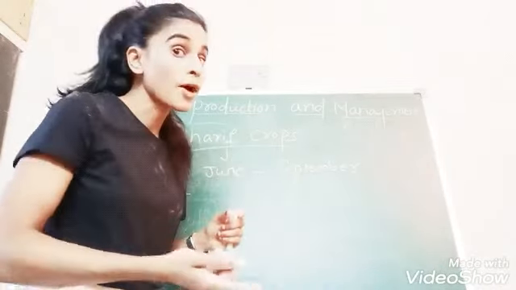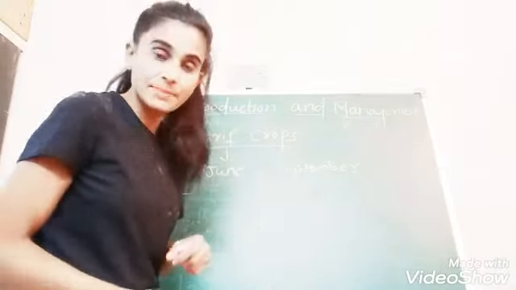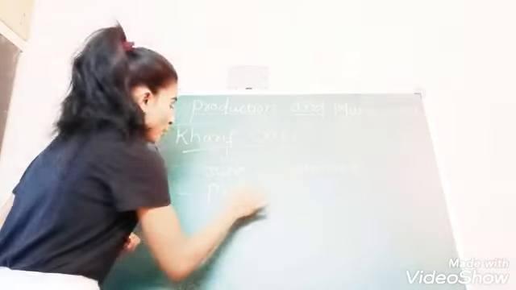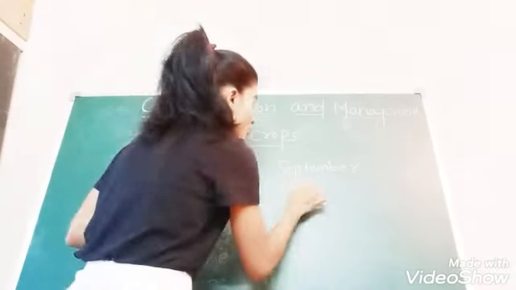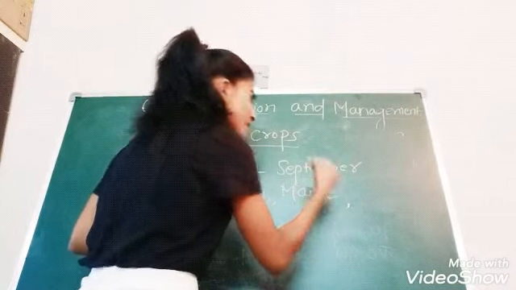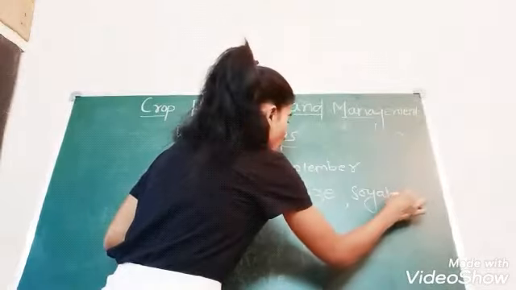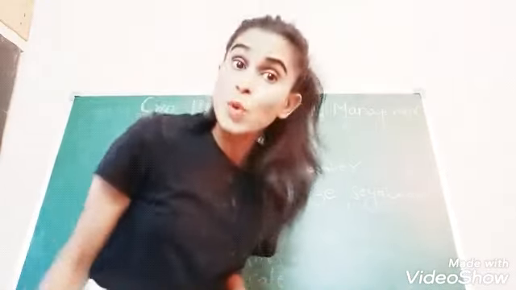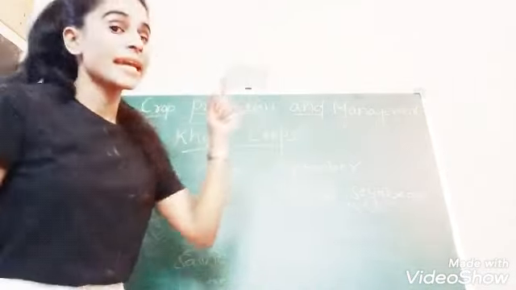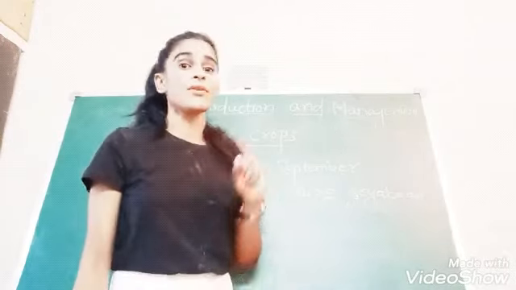Can you name some Kharif crops? Paddy, maize, soya bean also you can take. These are some of the crops which require a huge amount of water, and hence they are cultivated in the rainy season.